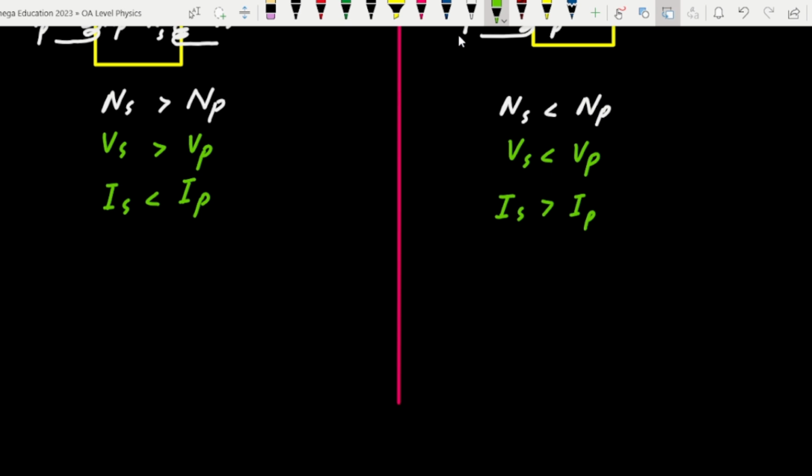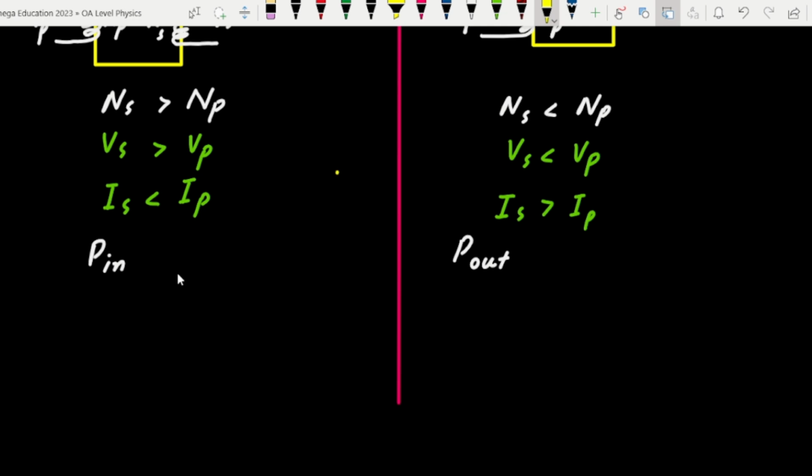Now what do we make of this thing? We studied previously that transformer in our syllabus will be taken as an ideal device. Input power equals the output power. So power input equals power output. So whatever the input power is, the output power would exactly be the same.